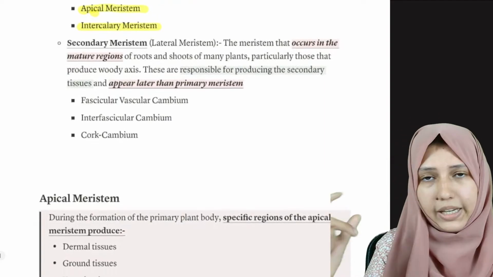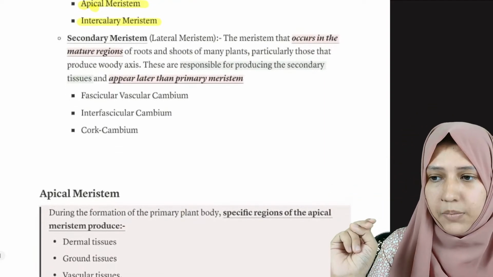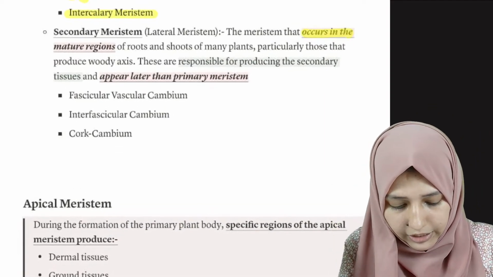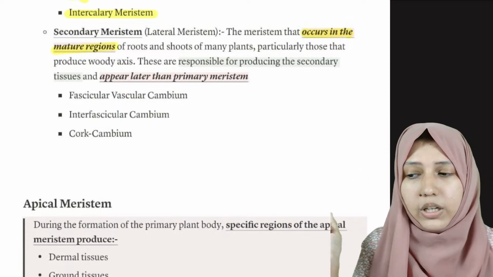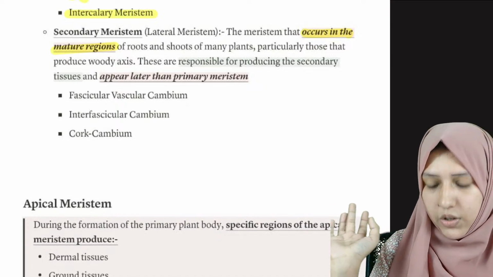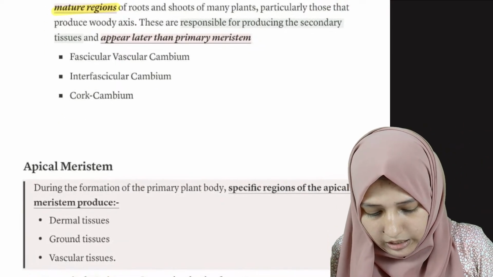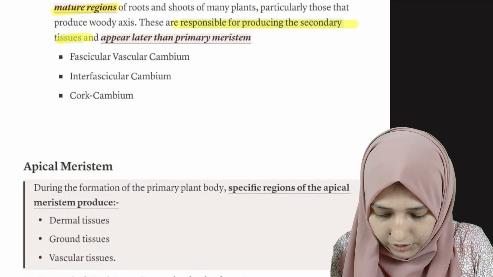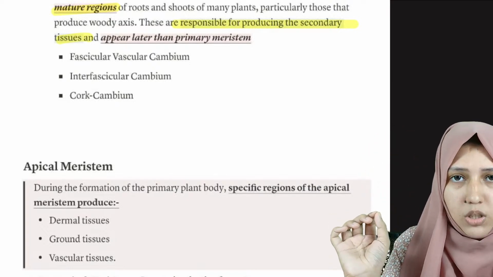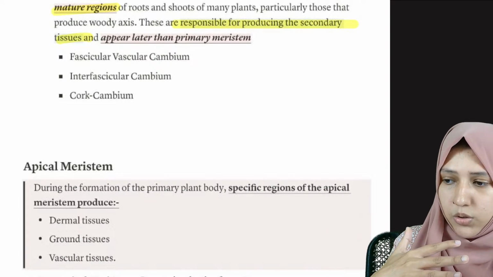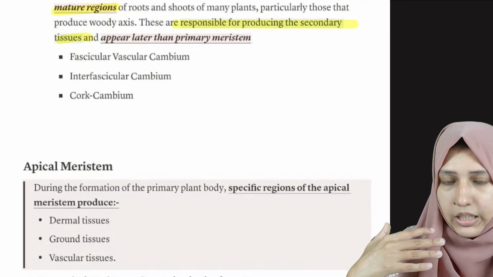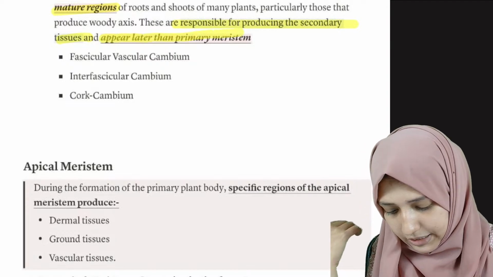Now going into the second type of meristem, the secondary meristem. Where is it present? These secondary meristems occur in the mature region. They are responsible for producing the secondary tissues. Primary meristem was responsible for producing the primary plant body, but secondary meristem is responsible for producing the secondary tissues. Clear? And they appear later than the primary meristem.